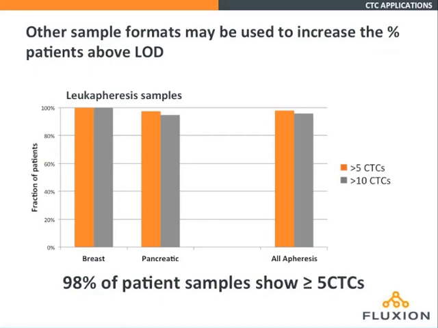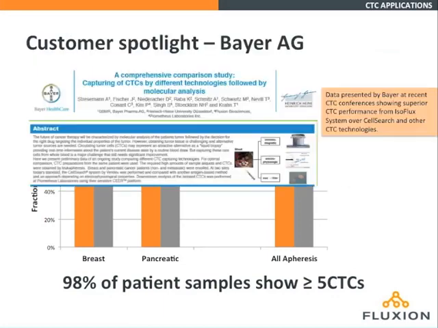And what you see here is for both breast and pancreatic patients, they have close to 100% of patients presenting over 10 CTCs per sample, and the ability to do this is going to be very important for their patient stratification applications.